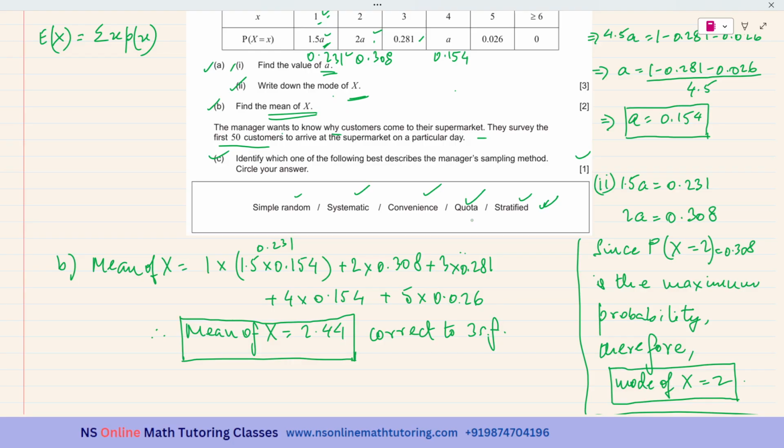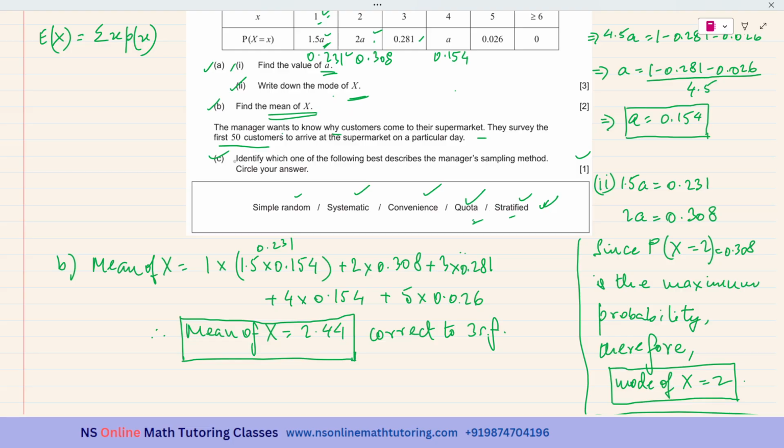So how many customers you will be choosing from the teenager group and how many from the middle-aged group will be dependent on the group sizes. So that is quota sampling. That is the difference between stratified and quota sampling. For quota sampling also you have different strata, but the group size determines the number of representatives from that group. Okay?